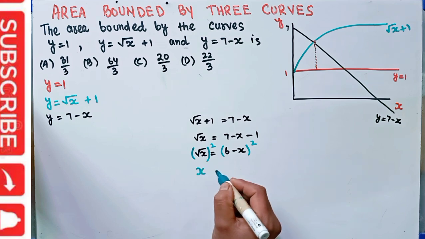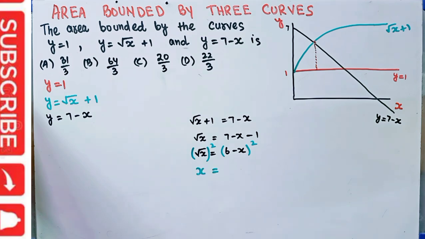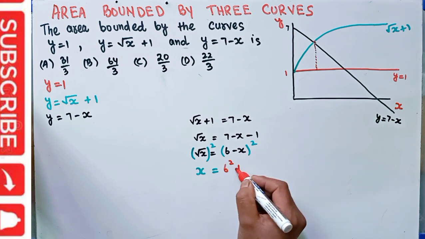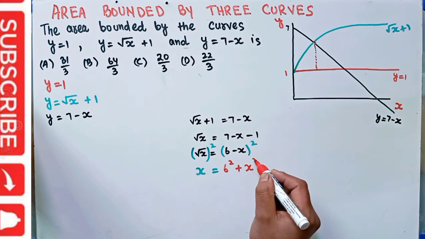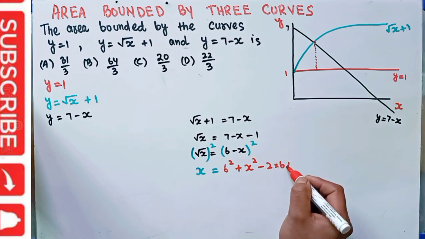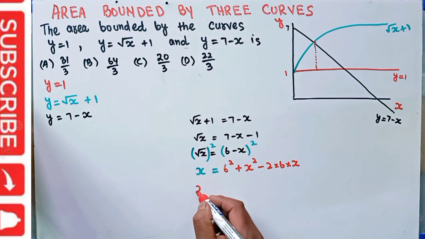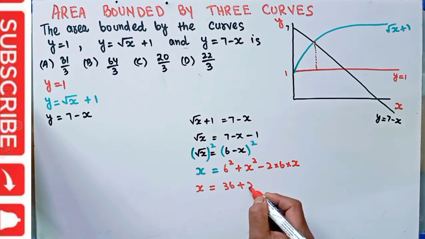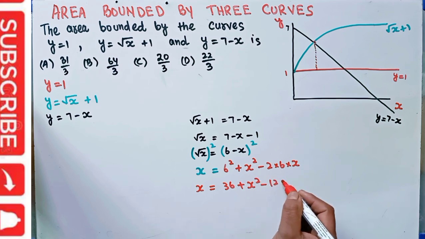We will get x is equal to, now we apply the a minus b whole square formula, that is a square, 6 square, plus x square minus 2 into 6 into x. So we will have x is equal to 36 plus x square minus 12x.